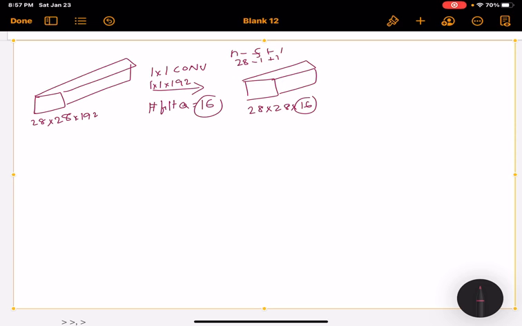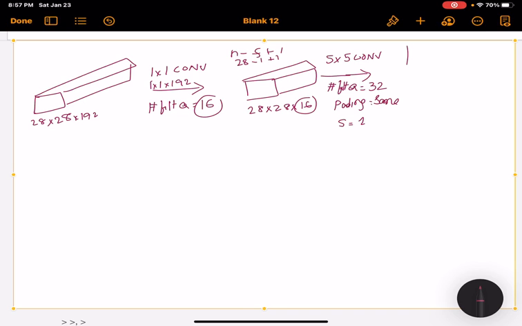Now after this, I perform a 5 cross 5 convolution, and the number of filters I will use is 32, right? And the padding will be same padding, and I will use a stride of 1.